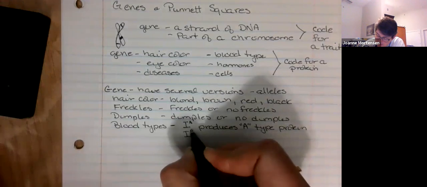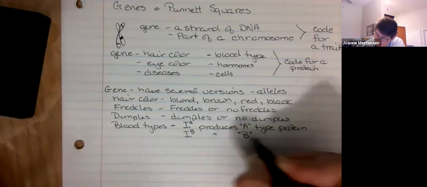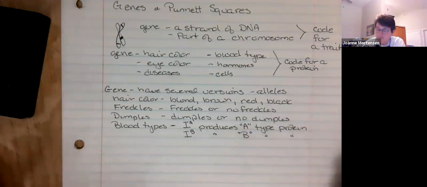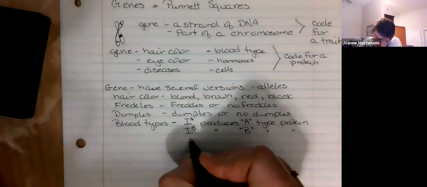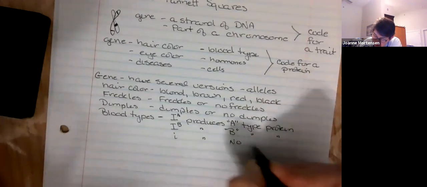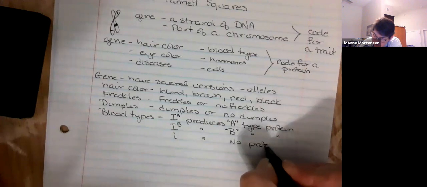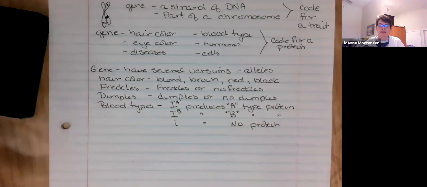There's IB, produces B-type protein. And that protein's on the surface of the red blood cells. And there's little i, so that produces no protein on the surface of your blood cells.